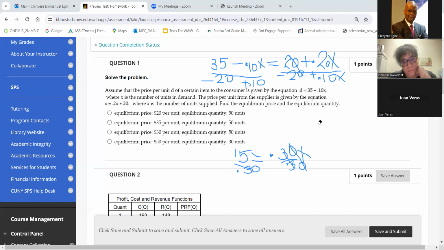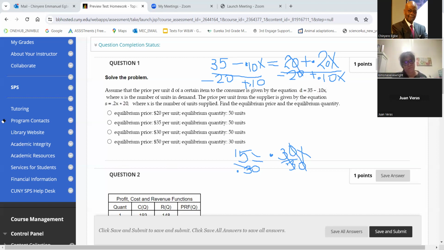And then S is 0.2 times 50. 0.2 times 50 is 10 plus 20, which is 30. So let us now see that the equations actually balance.